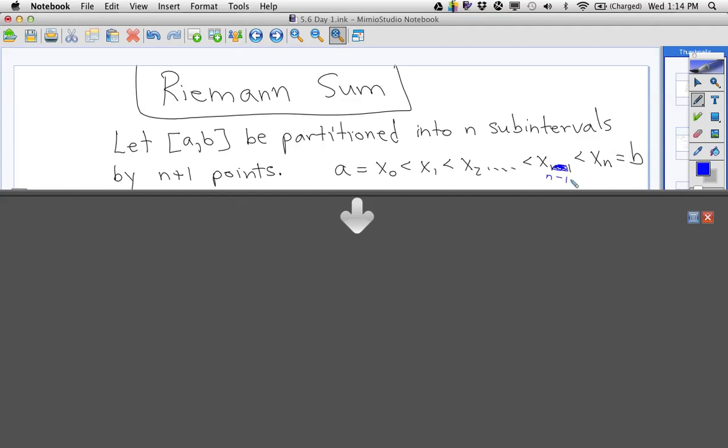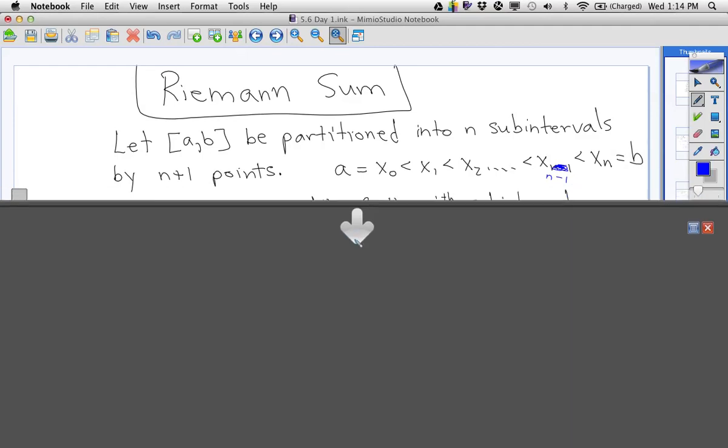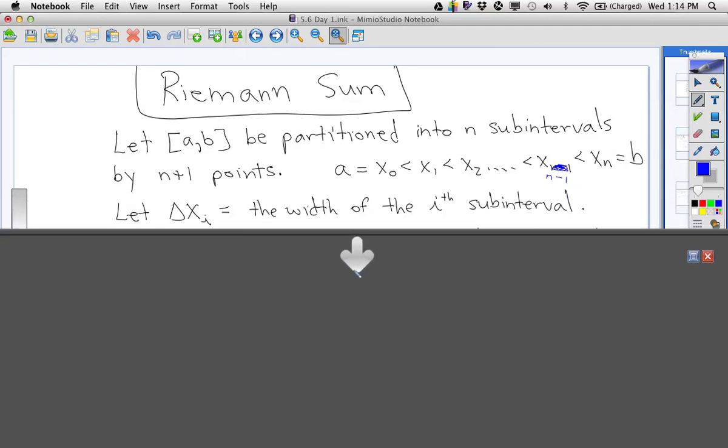All right. Let delta x sub i equal the width of the ith subinterval. Well, I'll explain that. We were talking a minute ago about delta x.